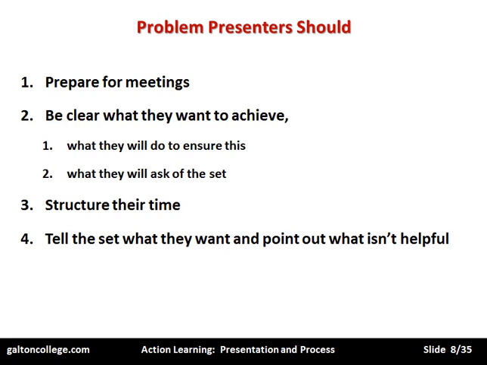The presenter should tell the set what they want and point out what isn't helpful. Now, it may sound a little rough, the language, but it's important to tell members of the set what is not required. Now that seems like almost an impossible task because so many things are not required.